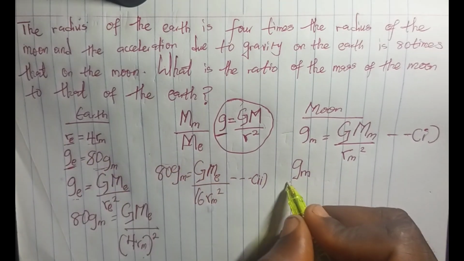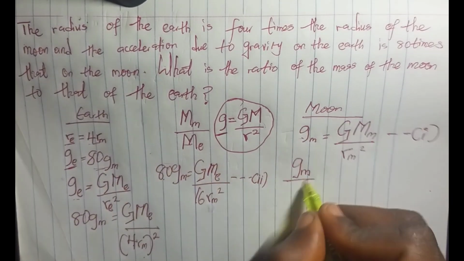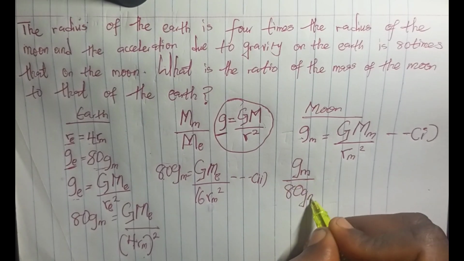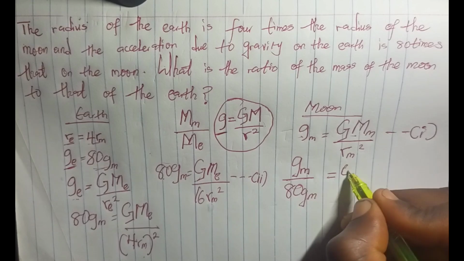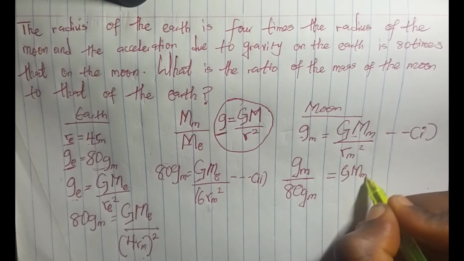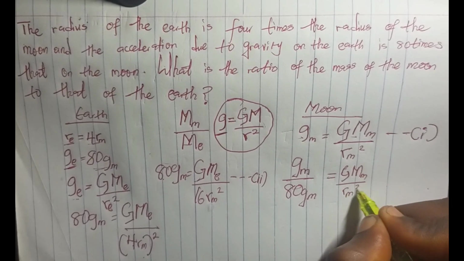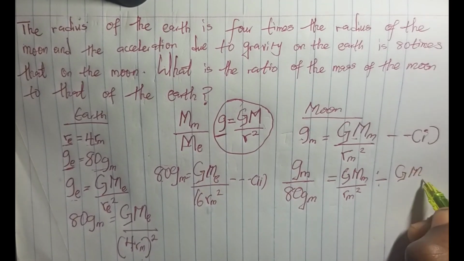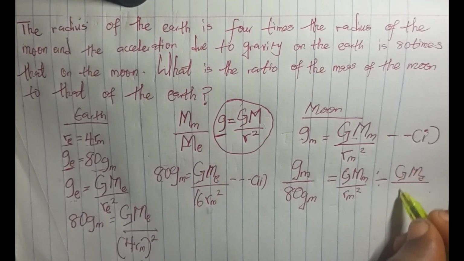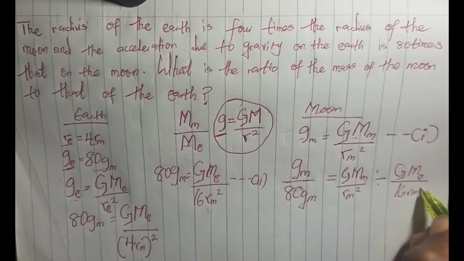So this divided by this, all over 80 G subscript M, will give me G M subscript M all over R_M all squared, then divided by G M subscript E all over 16 R_M squared.